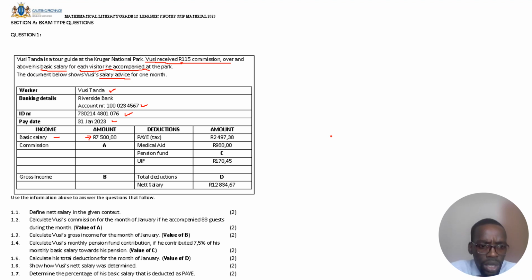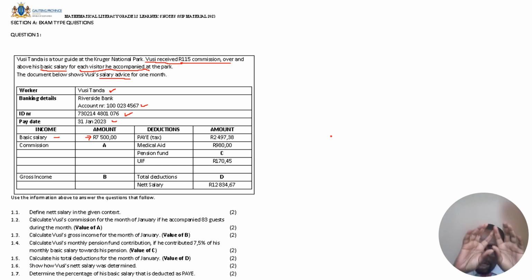And then we also have his gross income. Now the starting point is, you need to understand that this gross income is going to be a total. In other words, we are going to add the basic salary plus the commission. That's what is going to give us our gross income. When you say gross, we are saying it's the total income.